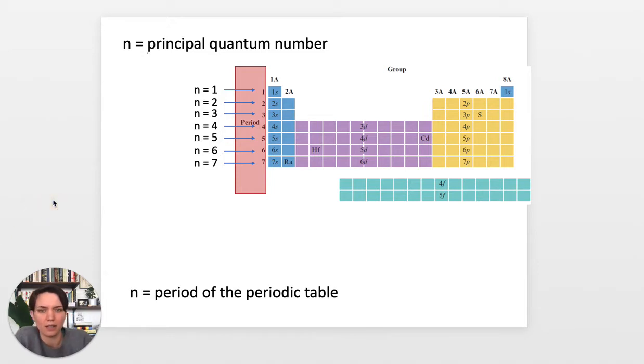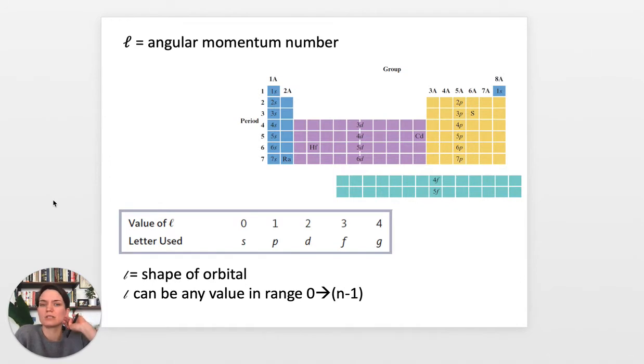Okay, the next value is L, which is called the angular momentum number. We're going to spend quite a bit of time on this one because it has a lot of working parts. But ultimately, what L is looking at is the shape of that orbital. So the shapes that we have are S, P, D, F, and G. We totally don't even talk about G. It's extremely unstable, doesn't really get occupied very often.